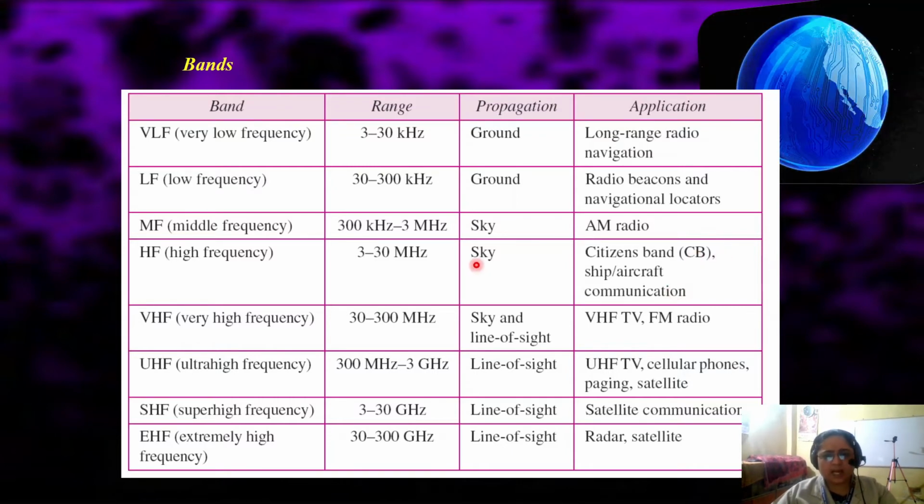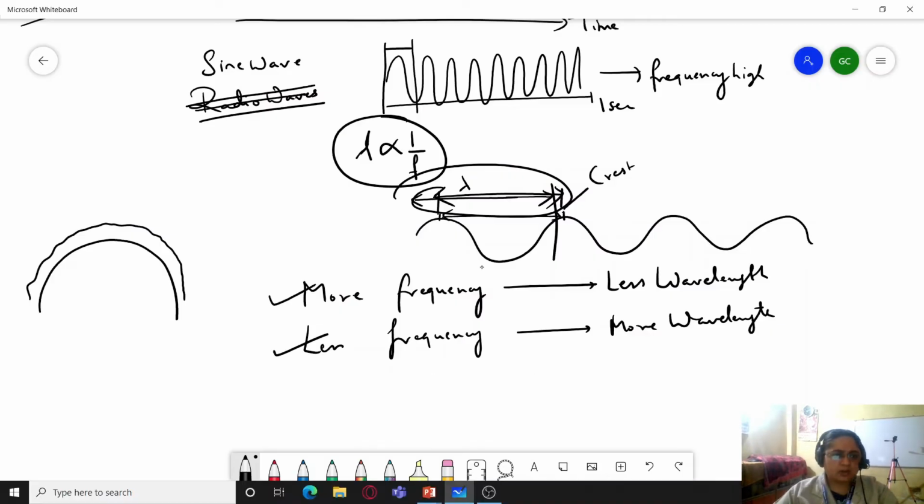They have sky propagation, where you have two ground stations and the radio waves travel, hit the ionosphere, and from there are reflected back to the earth. This is sky propagation.